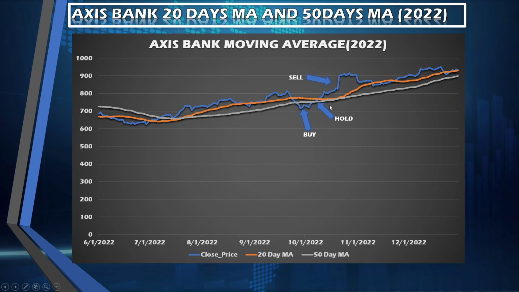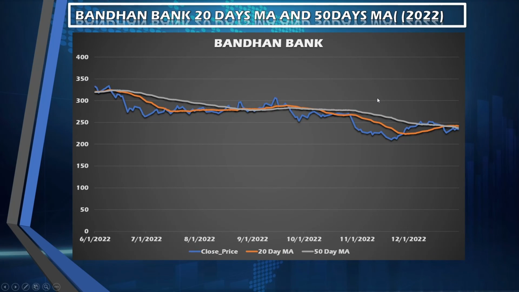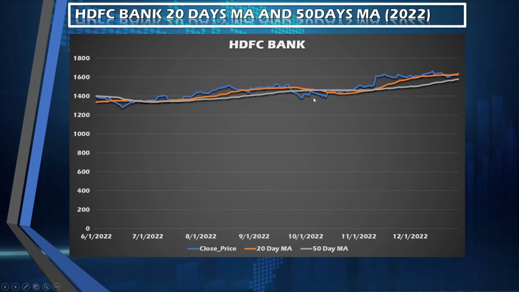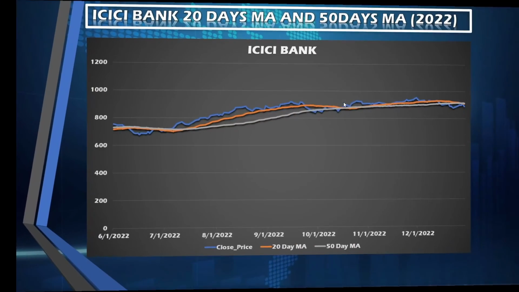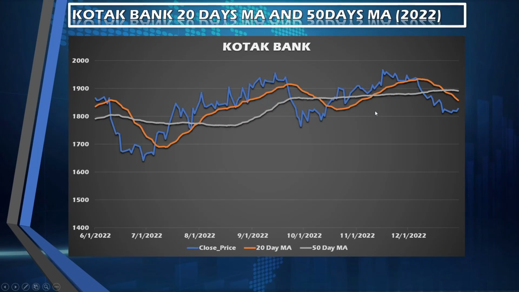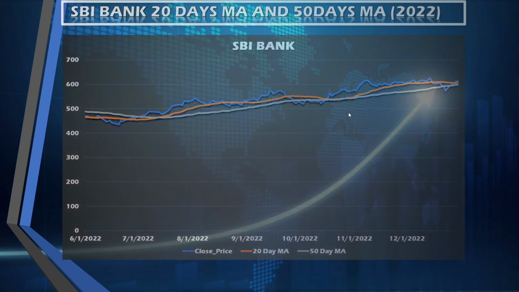Okay, and when the moving average crosses above the regular price average, then it indicates to sell. So you can see Bandhan Bank 20 days MA, 50 days MA, Bank of Baroda, Federal Bank, HDFC, ICICI Bank, IDFC First Bank, IndusInd Bank, and Kotak Bank. And last but not least, PNB Bank and SBI Bank also.